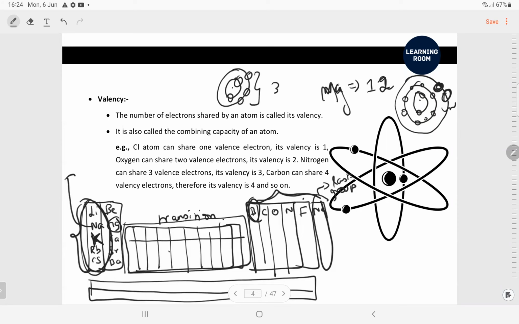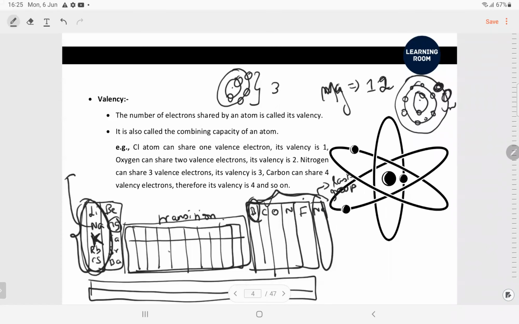The valency will be 3. This is what valency is. Each and every element has its own valency. What will be the valency of carbon? If boron is 3, carbon will be 4. Oxygen 5, nitrogen 6, fluorine 7, noble gases 8. Can you understand?